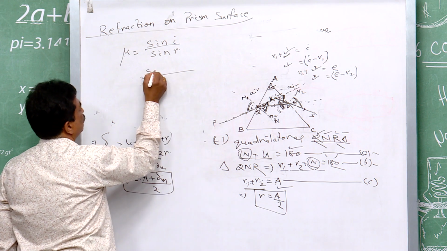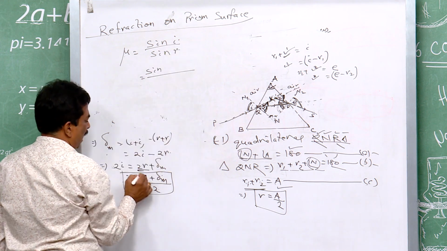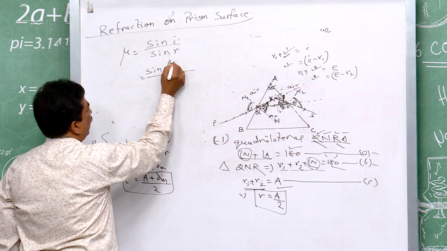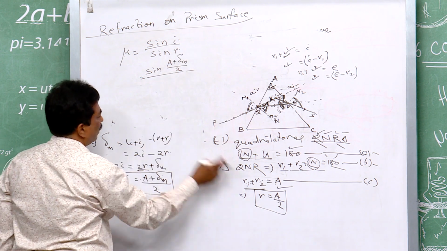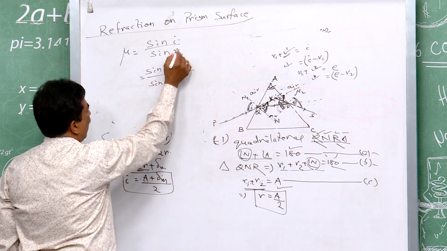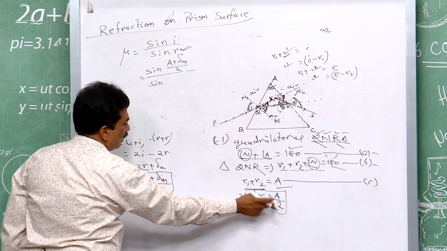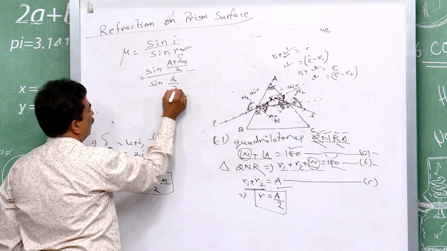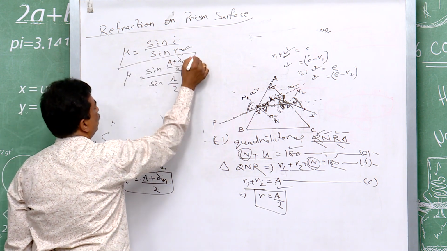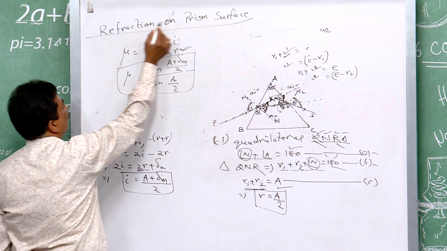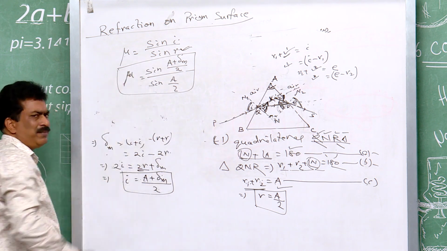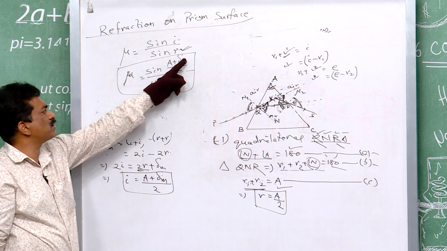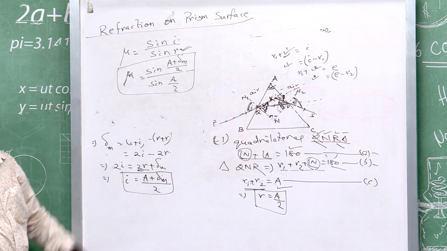And R is equals to A by 2. So, when the refraction is taking place on the prism surface, your refractive index mu is equals to sin of A plus del m by 2 divided by sin A by 2.